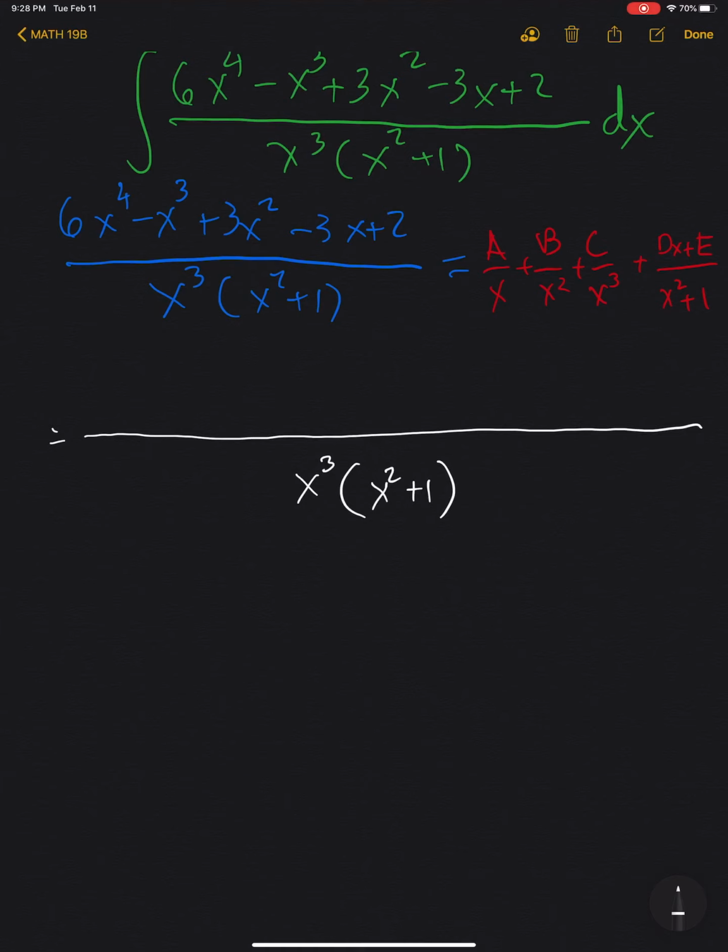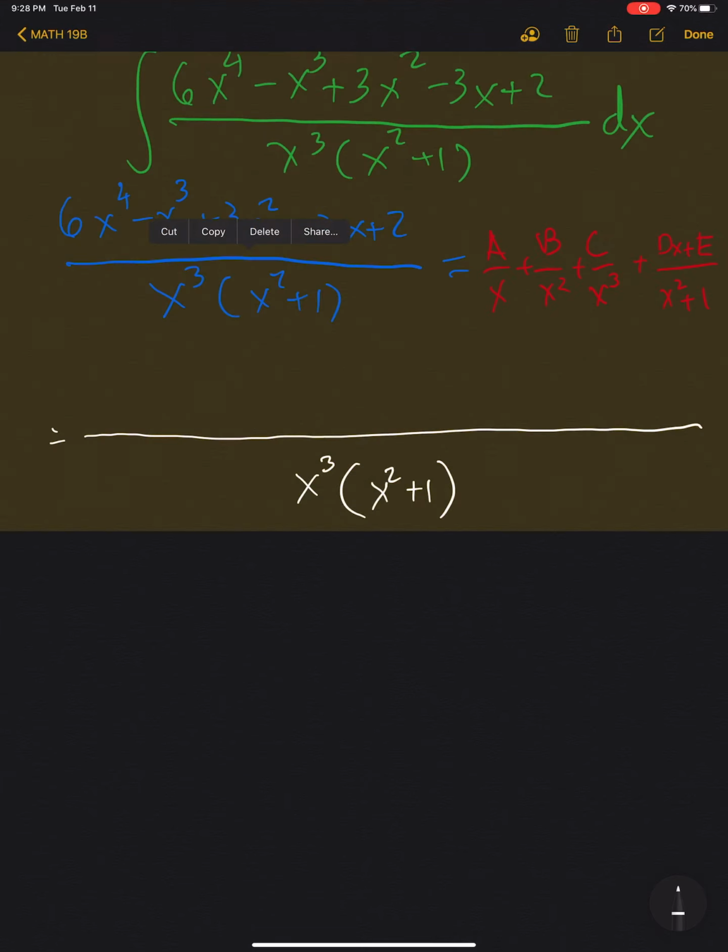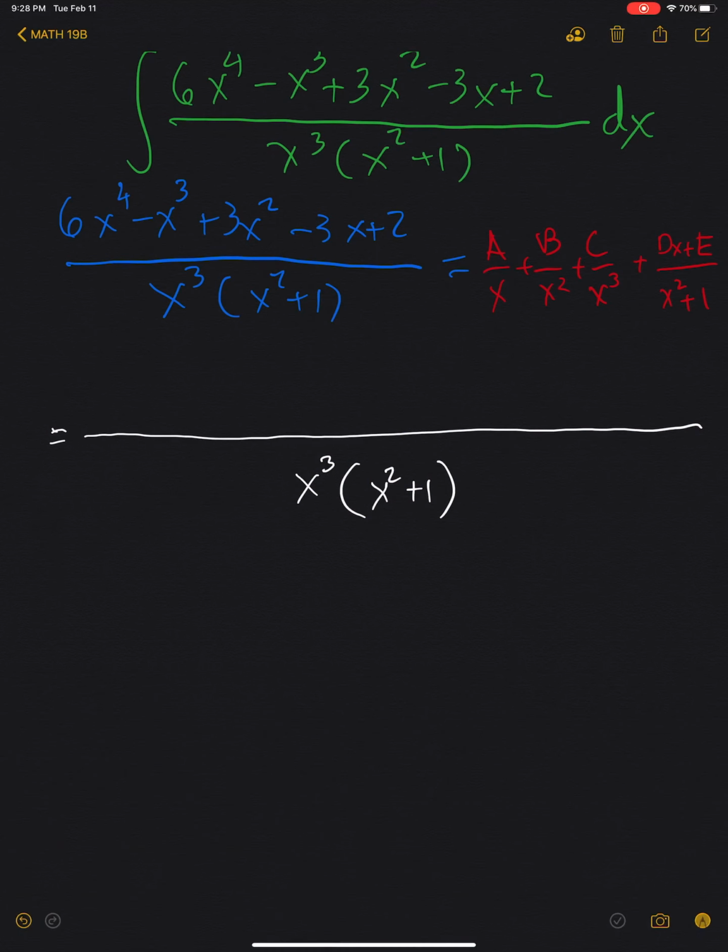In order to find the sum of fractions, I need to work out each fraction: I take the common denominator, divide it by one factor, and multiply by the top.